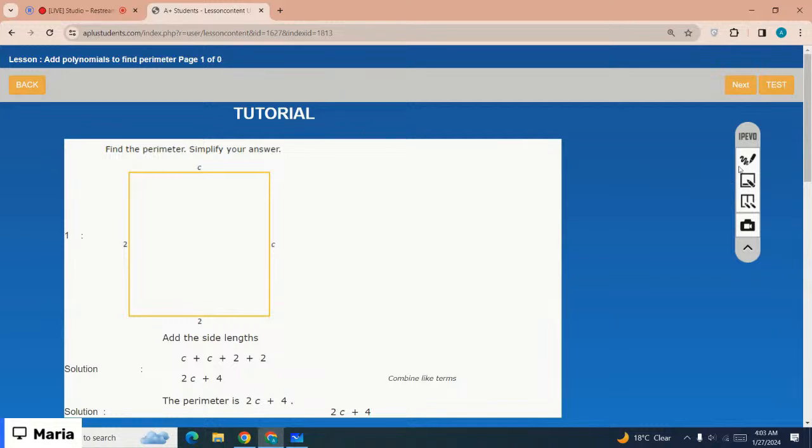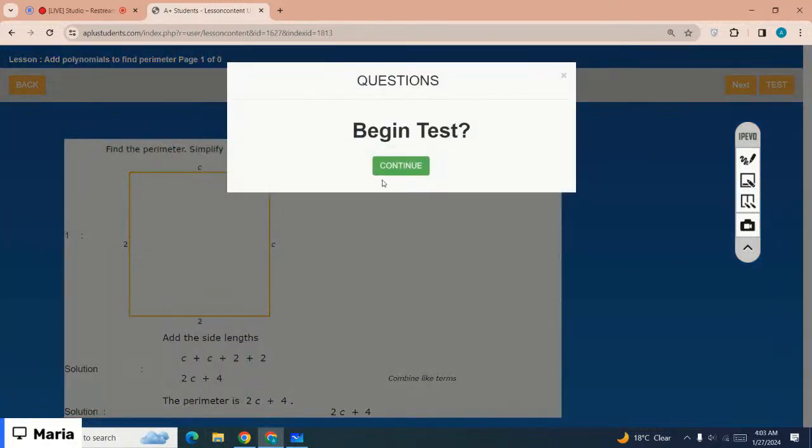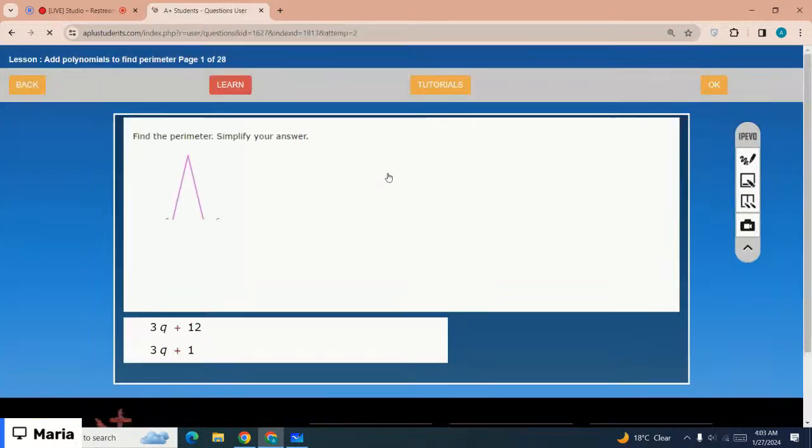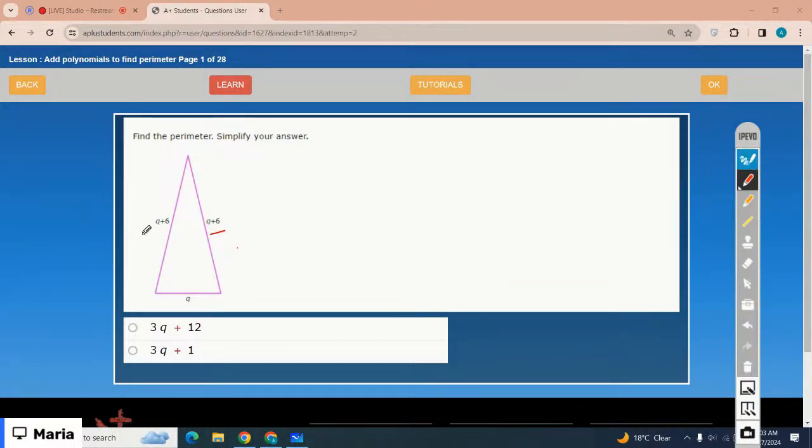Let's start with the test questions. Find the parameter, simplify your answer. The important thing here is whenever you need to calculate the parameter, you need to add all the side lengths. When you add all the side lengths, they are q plus 6, q plus 6, and the last one is just q.